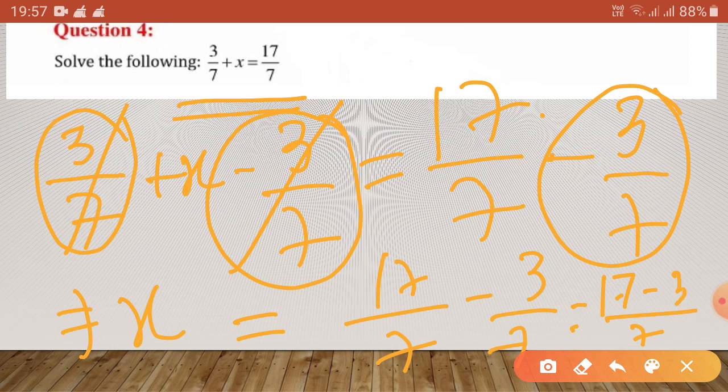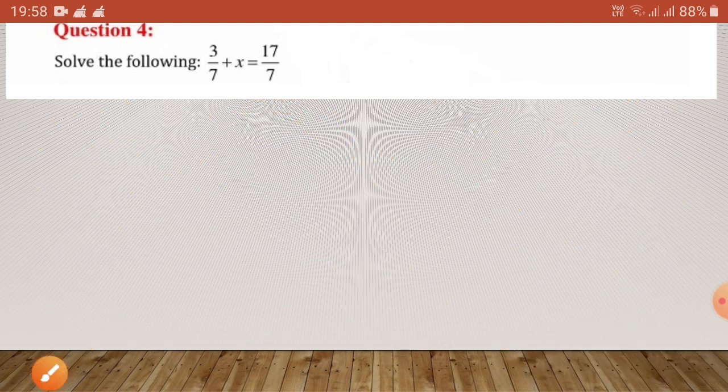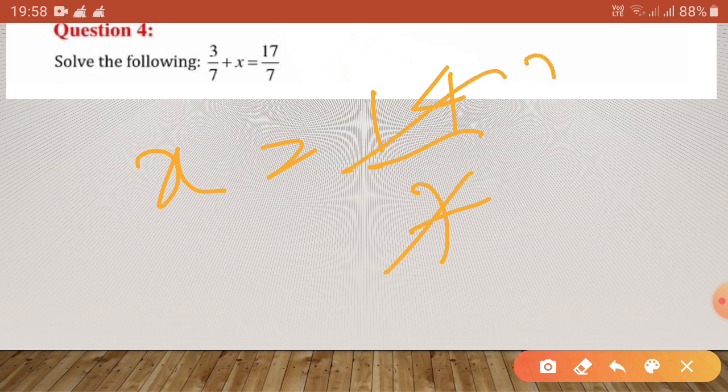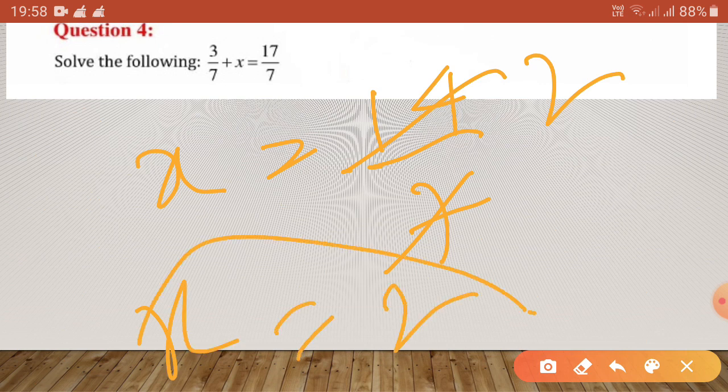So it gives us x equal to 14 by 7, because 17 minus 3 by 7 gives us 14 by 7. So if we cut it, then we will have x is equal to 2. So the answer is x is equal to 2. Got it? Okay, go to the next.